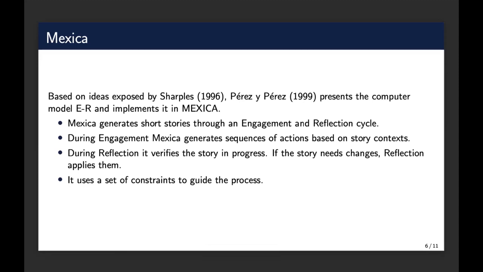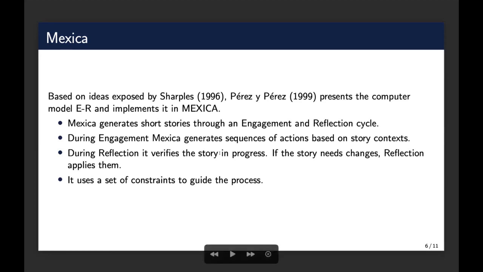During engagement, the writer generates free content in the story. Then in reflection, the writer goes back to the material generated so far and applies some modifications. He can fix some things here and there and so on.